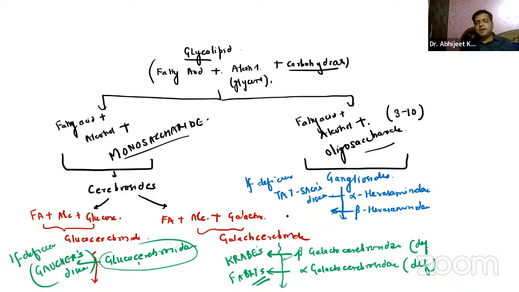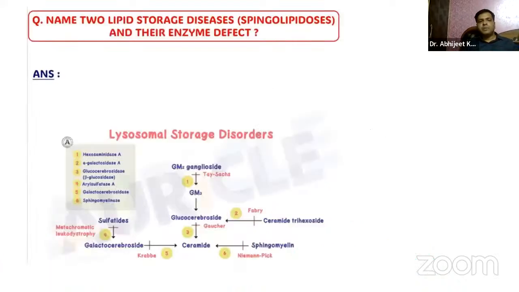If the beta component is deficient, it will result in Sandhoff's disease. So these are different disorders that you have to remember by name, as given over here.